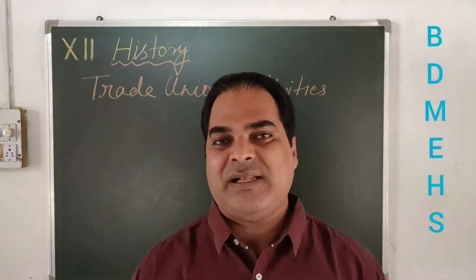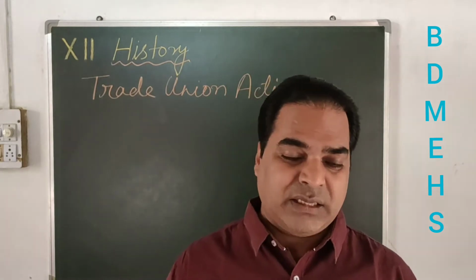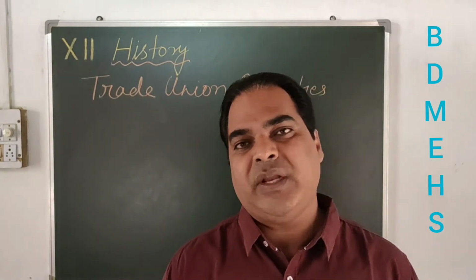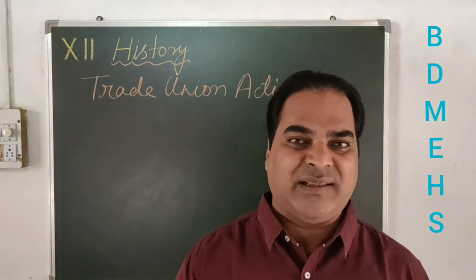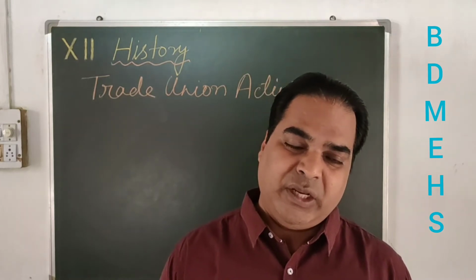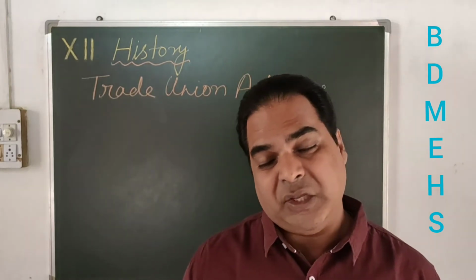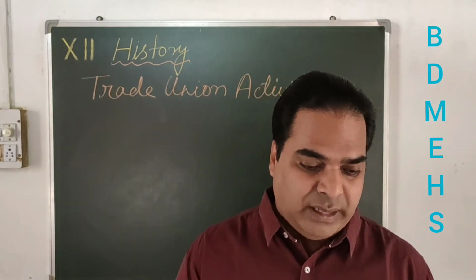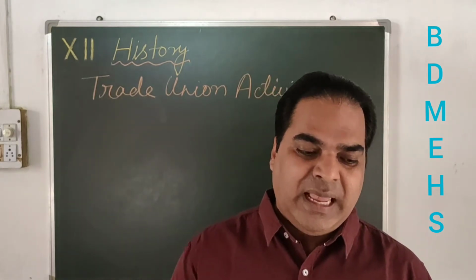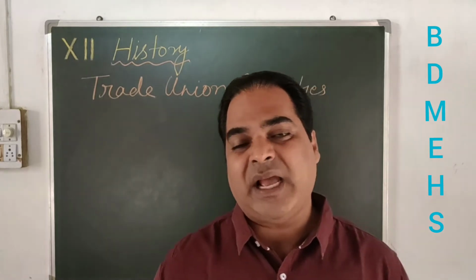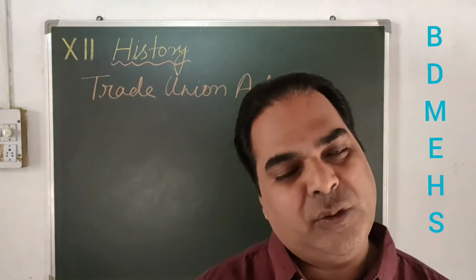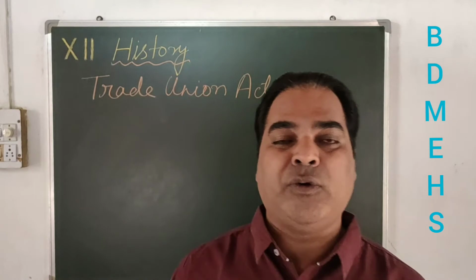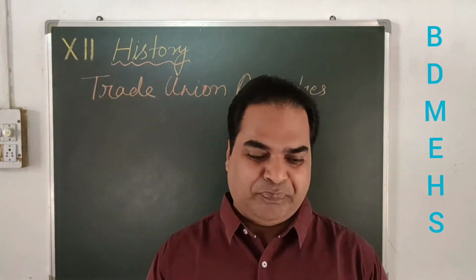It was now felt that this was the right time to form a trade union at the national level, an all India trade union. So then in 1927, AITUC, the All India Trade Union Congress, was formed.